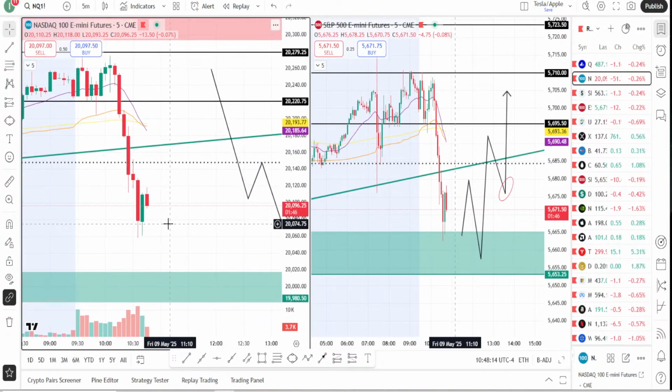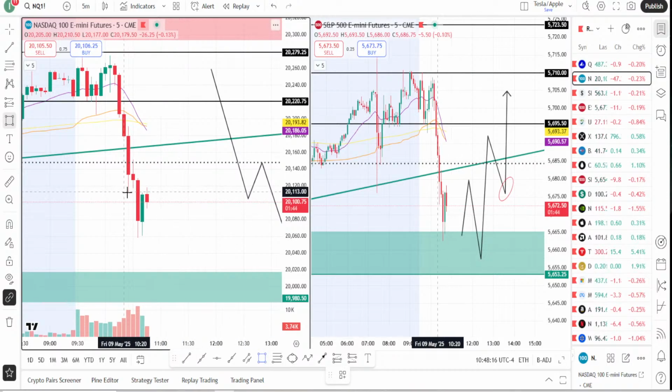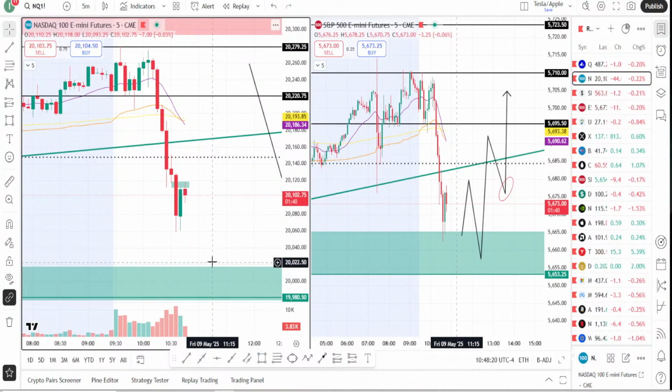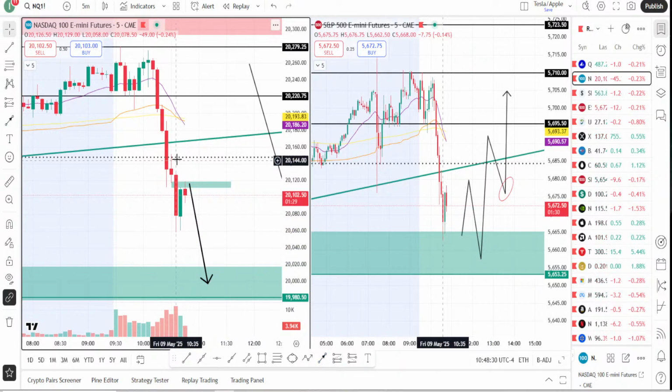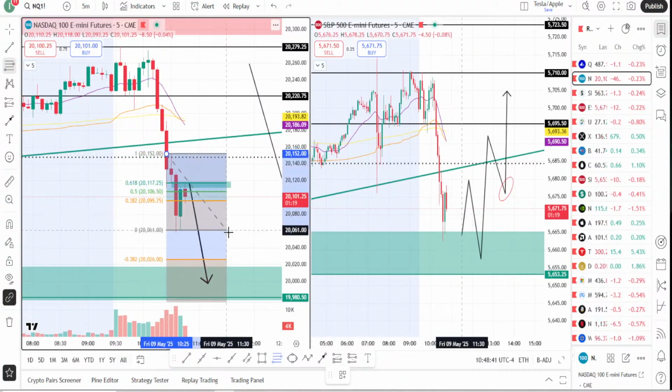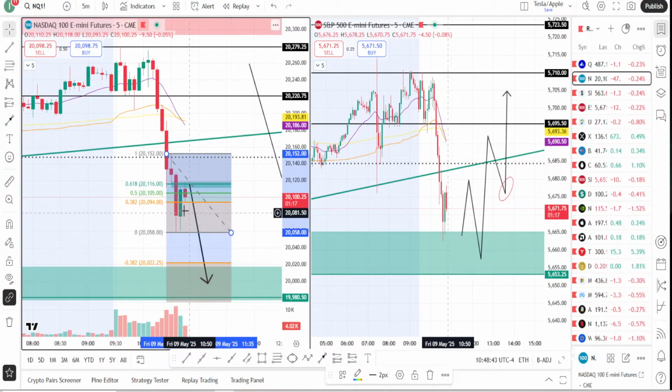Alright, we're seeing some bears stepping in, tapping into this fair value gap right here. This might be the next leg down if you want to take some shorts. Why? Because there was a breaker structure from this previous low to this high here.